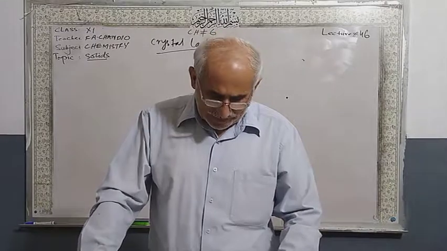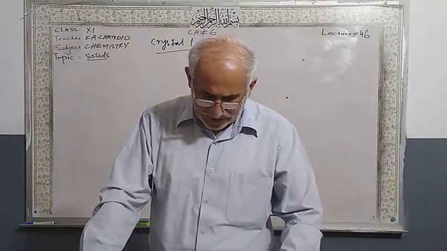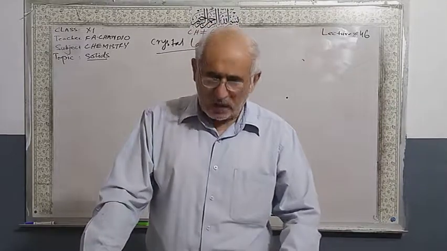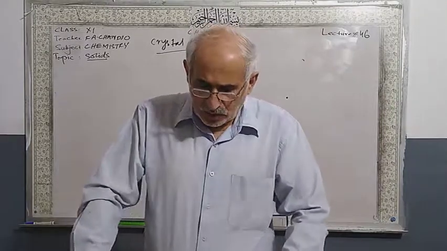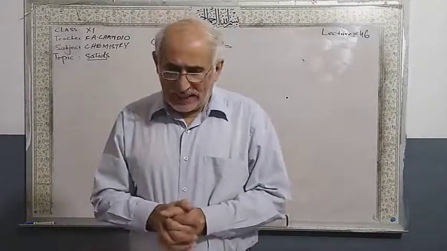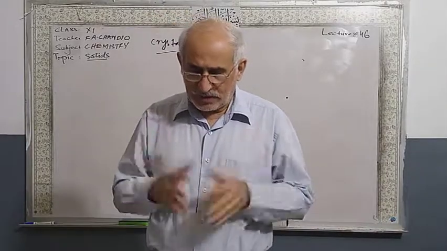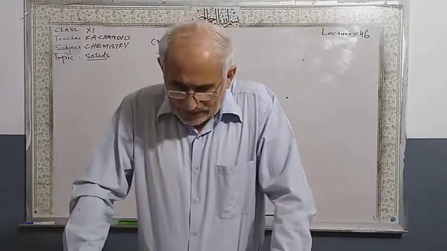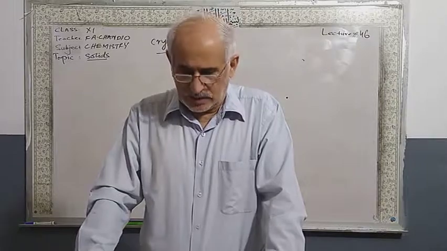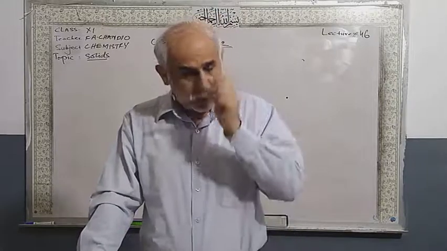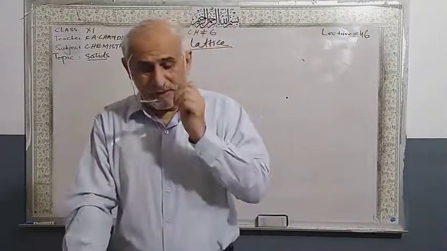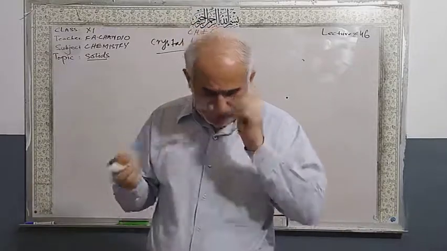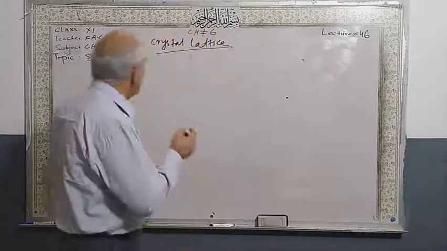The systematic arrangement of atoms in crystals is called lattice. It represents the structure of any substance. So dear students, there are three types: three-dimensional lattice, two-dimensional lattice, one-dimensional lattice. Now, unit cell and shape of sodium chloride.